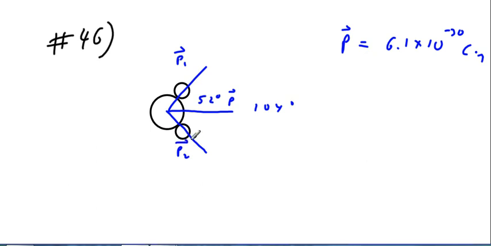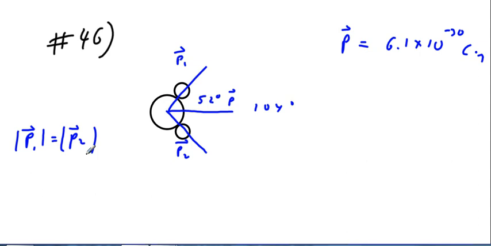Determine the effective charge Q on the atom. Okay. So we're going to assume that the magnitude of P1 is equal to the magnitude of P2. I think that's implied in the problem.